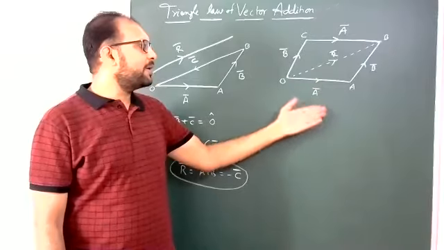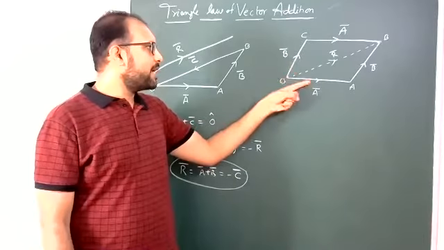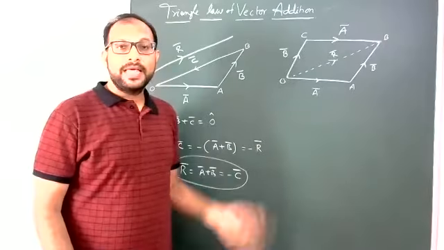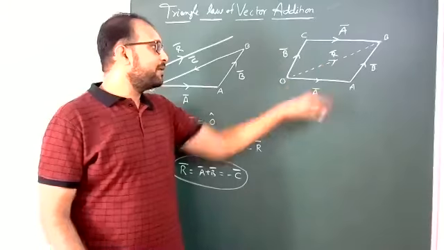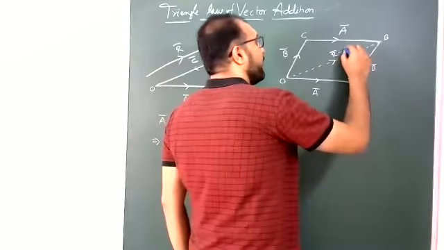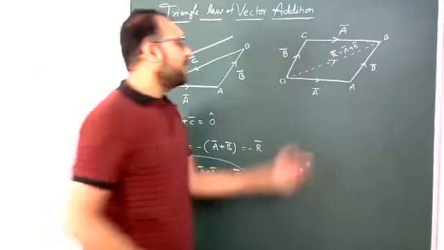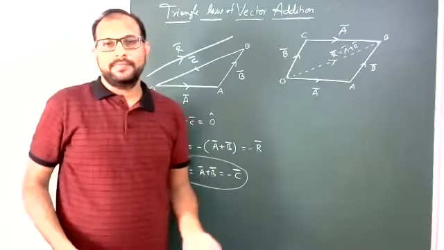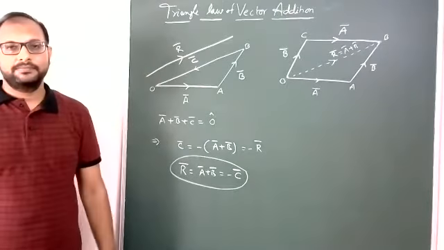This is the parallelogram law of vector addition. Two adjacent sides start from the same point, then the diagonal starting from the same point is nothing but the vector addition of these two vectors. Indirectly, A bar plus B bar. This is the parallelogram law of vector addition.